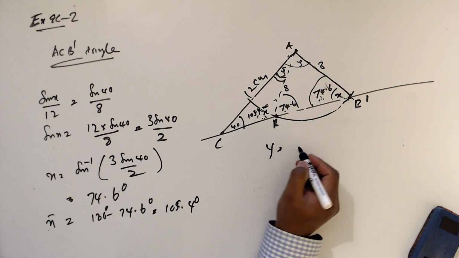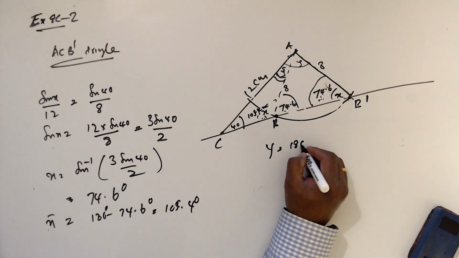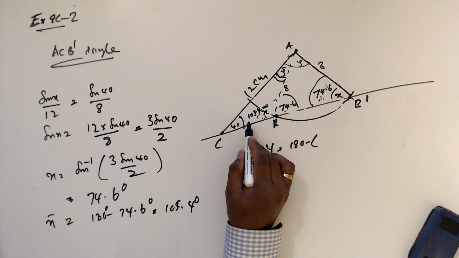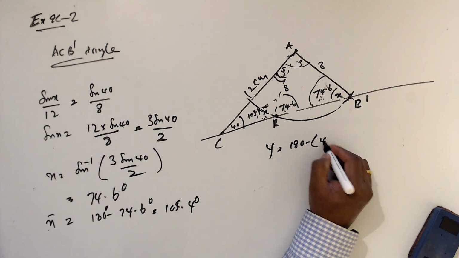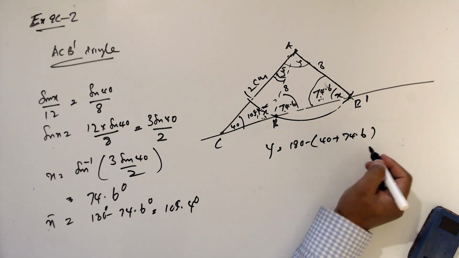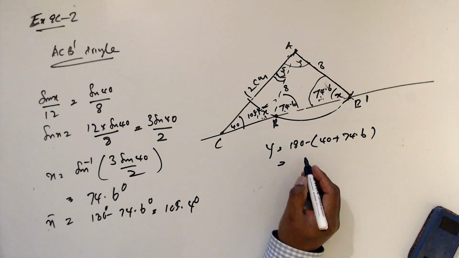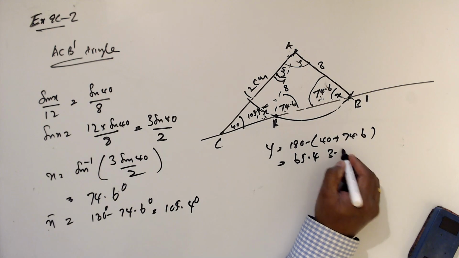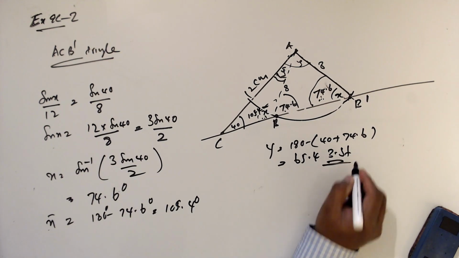Now what is the y value? The y value is going to be 180 minus 40 minus 74.6, because the triangle angles add up to 180, which is 65.4 to 3 significant figures.